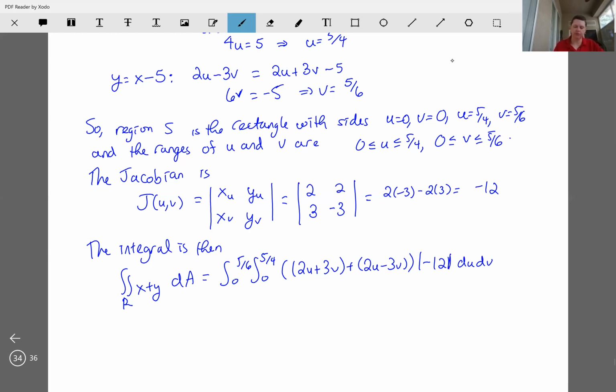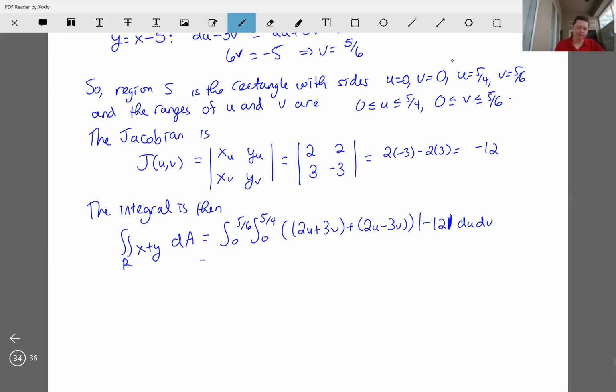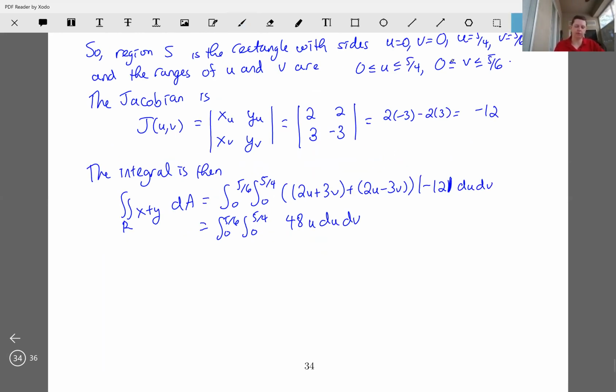So that's just a regular absolute value. Simplifying, we obtain the integral of 48u du dv, because the absolute value of negative 12 is 12.